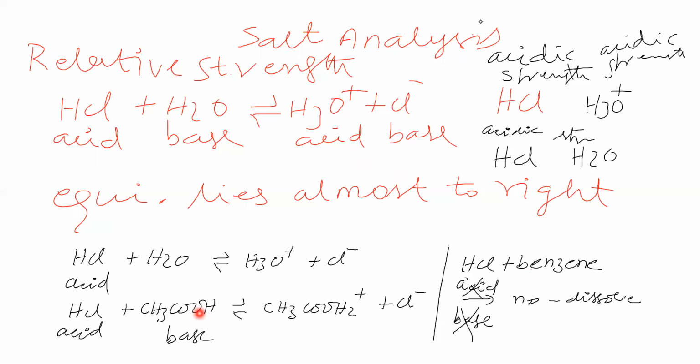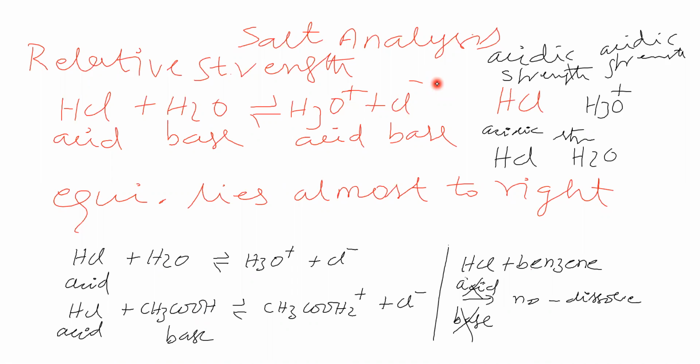Whether a substance is an acid or base, how to know it? Only with respect to another substance can we say whether the substance is acting as an acid or base.